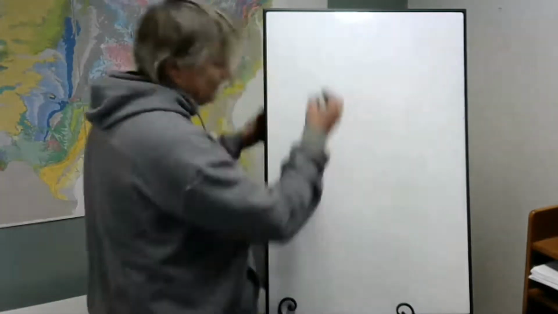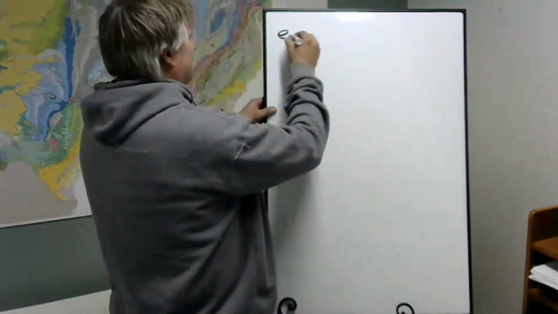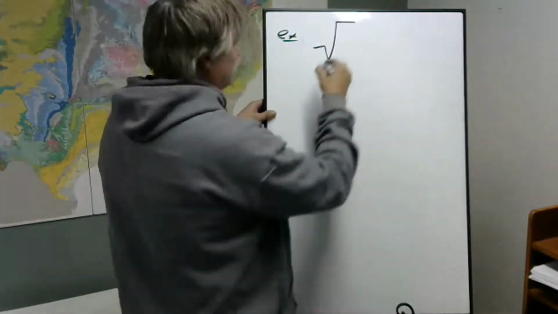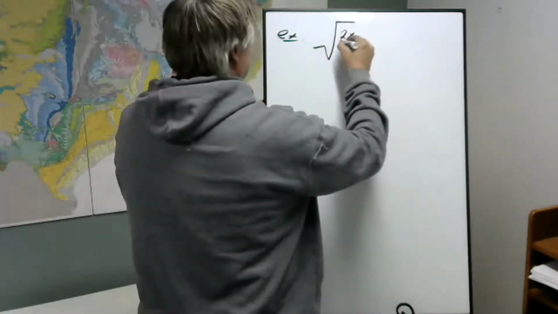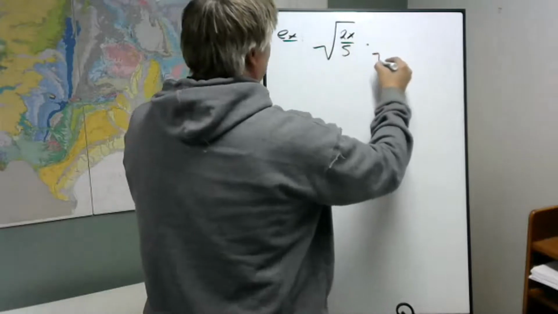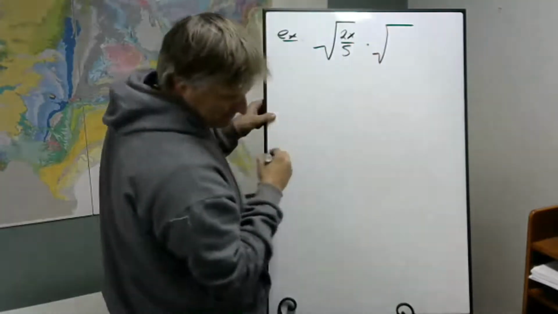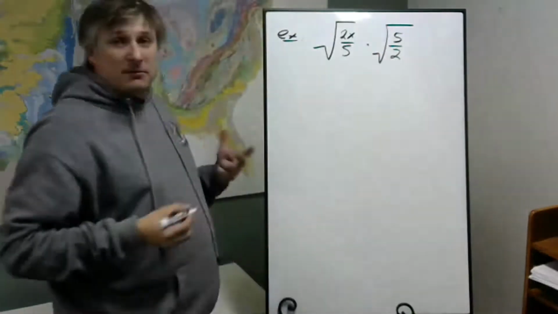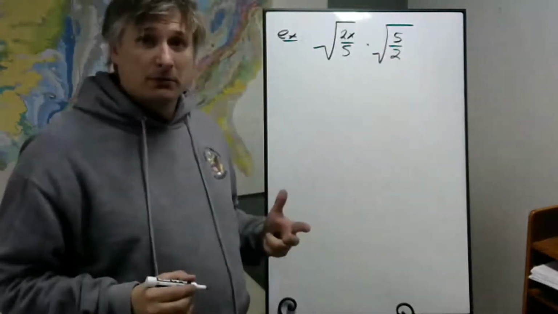Now let's take a look. Let's say this one. Now again, they're the same type of root. They're square roots.